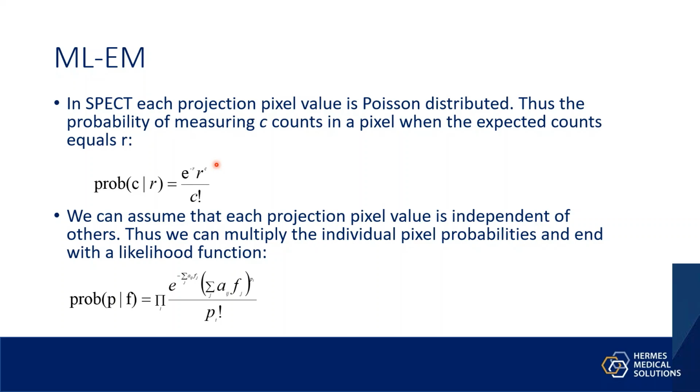Then we can assume that each projection pixel value is independent of all the other projection pixel values, and thus we can multiply these individual pixel probabilities, and then we end up with the likelihood function, which looks like this. It's just these guys multiplied together, and we have replaced the expected number of counts by the number of counts that our projector, our system matrix, will give us, and that's pretty much it.